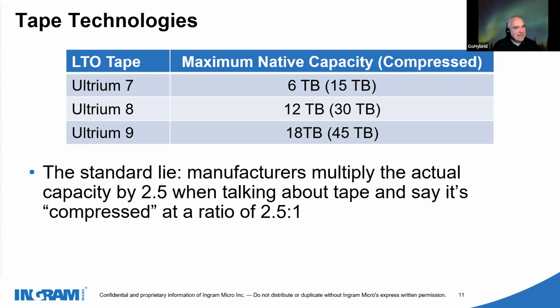So that's something you need to take into account when planning a backup. If I have 30 terabytes to back up on Ultrium 9, even though they will advertise it as a 45 terabyte tape, I might want to make sure I have at least 2 tapes on hand, because natively I can only fit 18 terabytes onto a single Ultrium 9 tape.